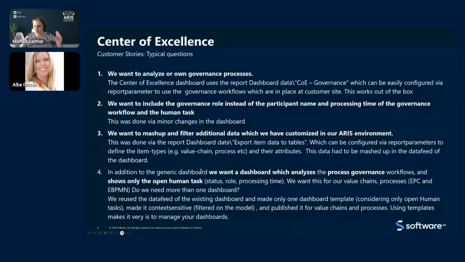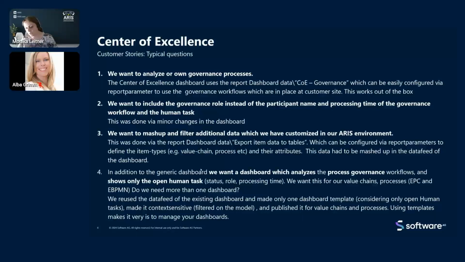So we had built a very generic dashboard, and the customer wanted to tailor it to their needs. They wanted it firstly to be context sensitive. So they wanted to publish this dashboard on every process model and have it filtered on the process model they are currently looking at. They only wanted to see the open governance workflows with the open human tasks.